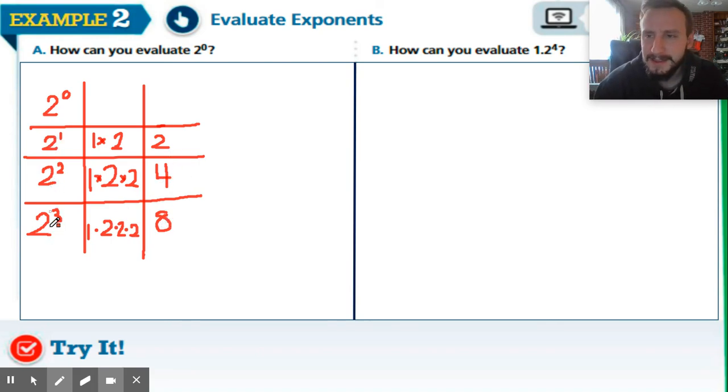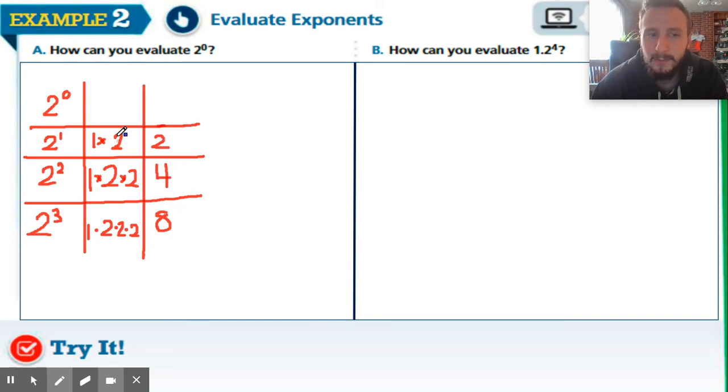So knowing all of this, what would 2 to the power of 0 be? Now think about it. What's happening from this 2 to this 4? Let me change colors so it's not all red. How do I get from 2 to 4 and 4 to 8?